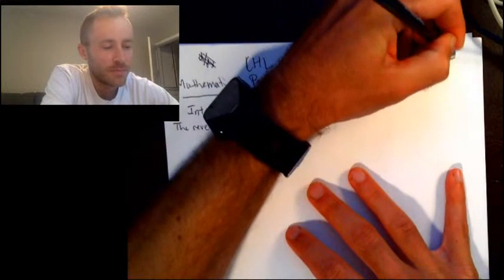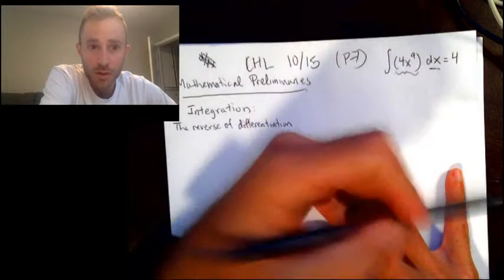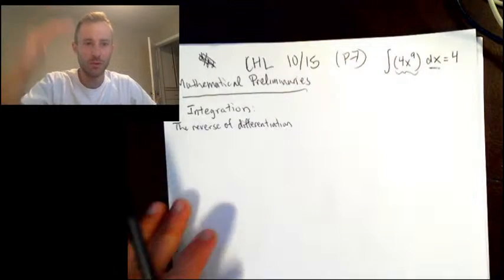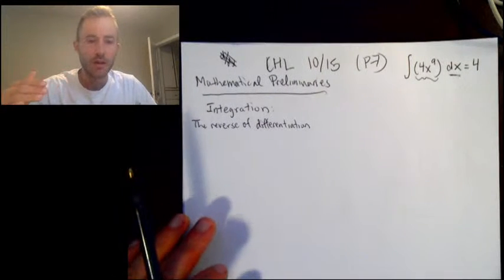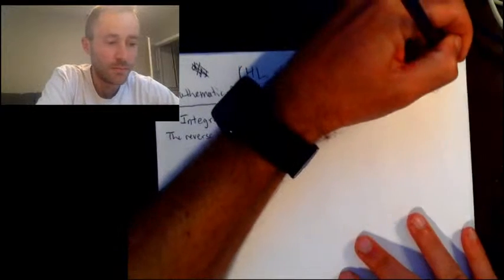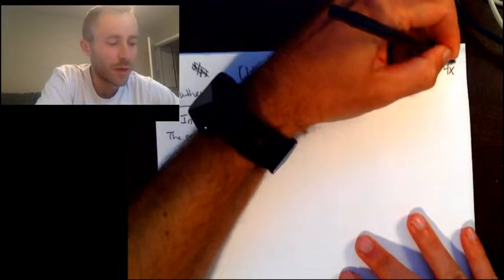So the rule is you keep the constant, you bump up the power by 1, because it's the reverse. Remember, when we differentiate, we reduce the power by 1. When we integrate, we bump up the power by 1. So we have x not to the 9th power, but to the 10th power.